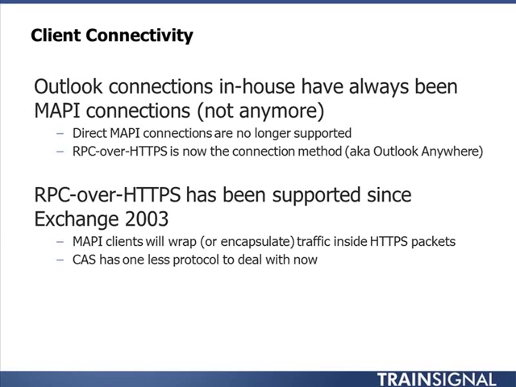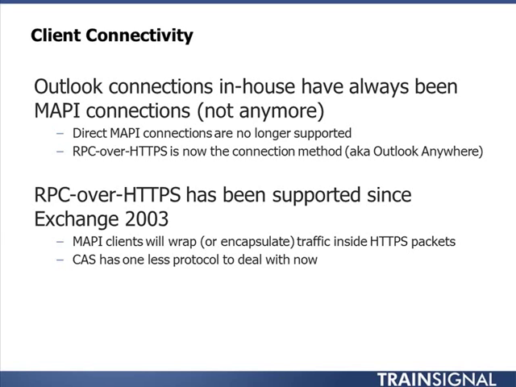Your MAPI clients, your Outlook clients, would wrap or encapsulate traffic inside of HTTPS packets, and then it would connect in without going through a VPN. Well, the good news is that now you can do this internally or externally, and you won't have to worry about MAPI connectivity. So the client access server has one less protocol to deal with now.